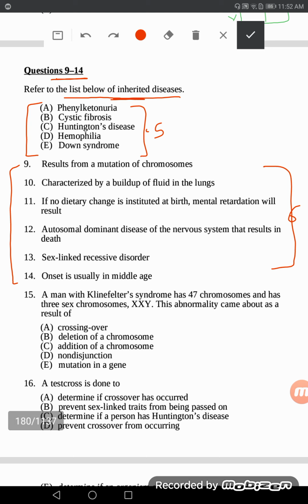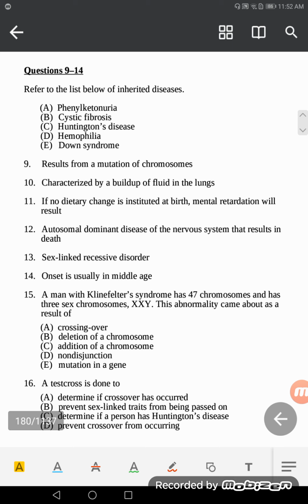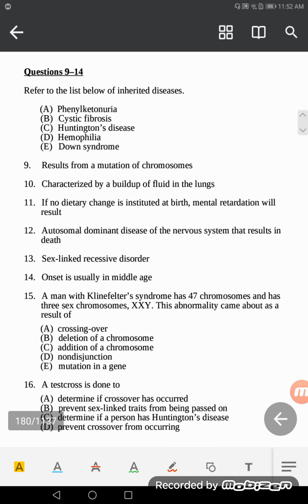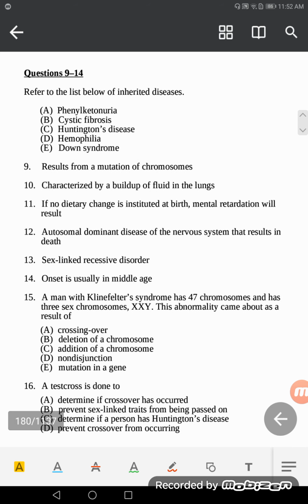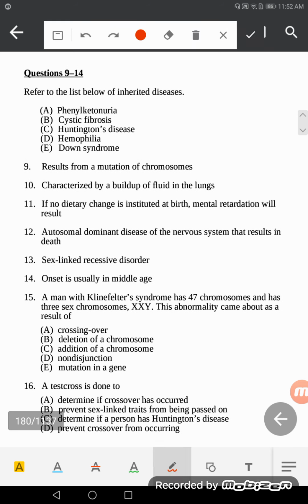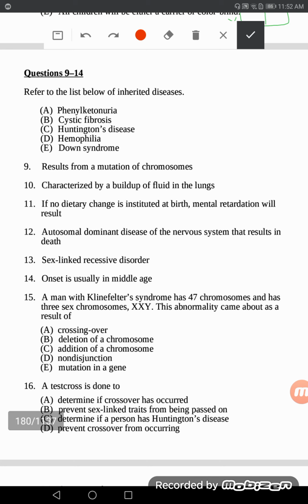So let us start. The first one results from a mutation of chromosome. It's a chromosomal mutation disease. It means the number of chromosomes will be abnormal.